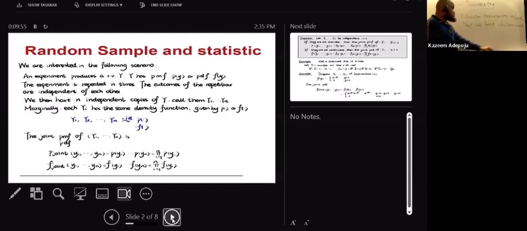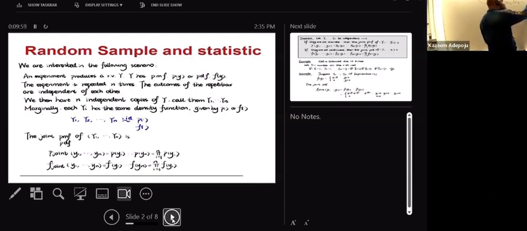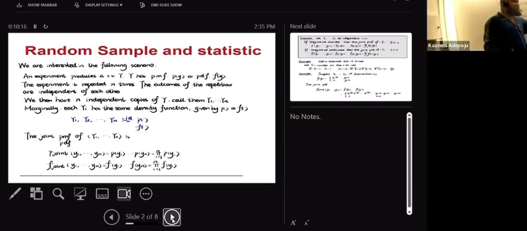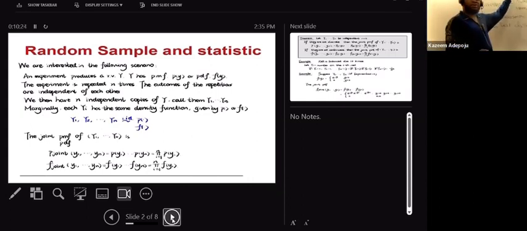So what I'm going to compute from here is what we call a statistic. A statistic is a numerical summary of the sample, while a parameter is a numerical summary of the population. I'm going to say that again. A statistic is a numerical summary of the sample.